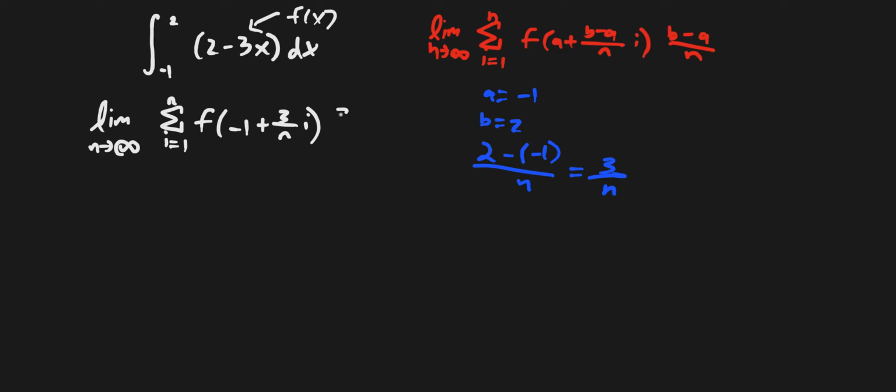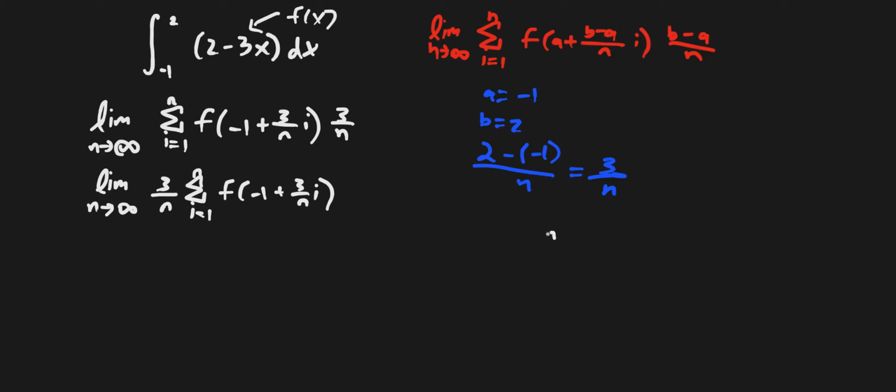What we can do now is take this 3 over n outside the summation. That is allowed. So this is just the limit as n approaches infinity of 3 over n, which we can take out, times the summation from i equals 1 to n of f of -1 plus 3 over n times i.